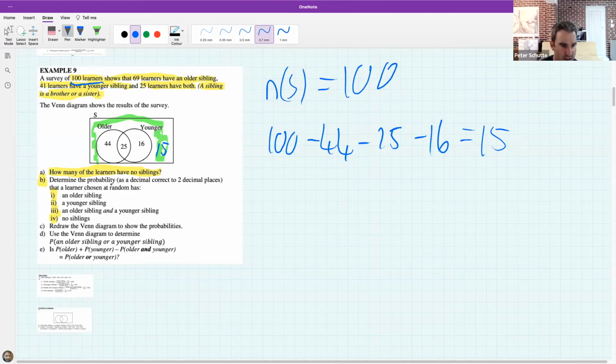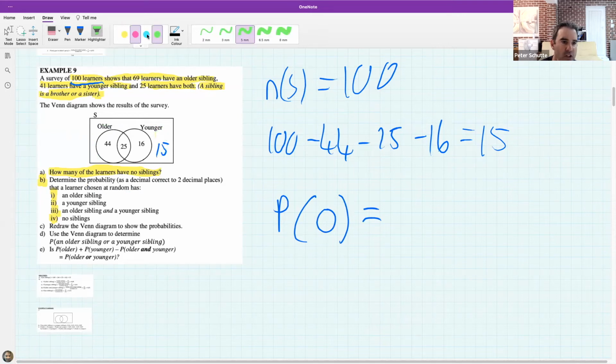Now we want to ask ourselves, what is the probability that a learner chosen at random has an older sibling? So I'm going to say, what is the probability of O, where O is the older sibling? If I choose a random person from the survey, what is the probability that they have an older sibling?